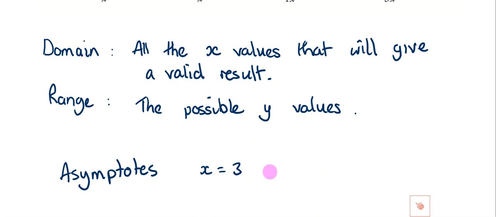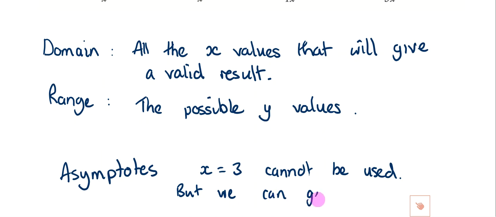It's a line that can never be reached by the function, but it will come infinitely close. That's the difference. So an asymptote we can tend towards, all right? It cannot be used, but we can get infinitely close.